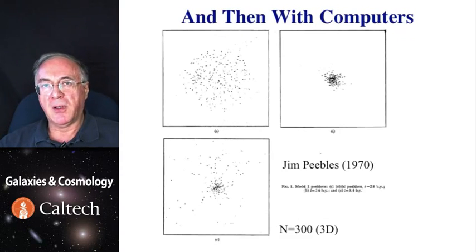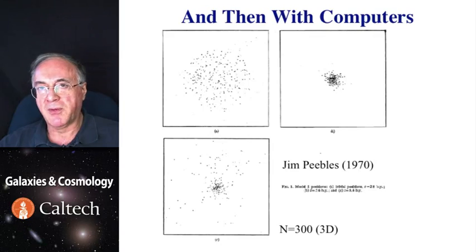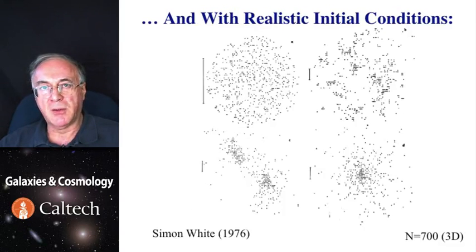Things really started moving on in the 1970s with the onset of modern digital computers. Here is one of the earliest simulations by Jim Peebles, the famous theoretical cosmologist. Soon enough, people started to add more realistic initial conditions, and here is another early simulation by Simon White.